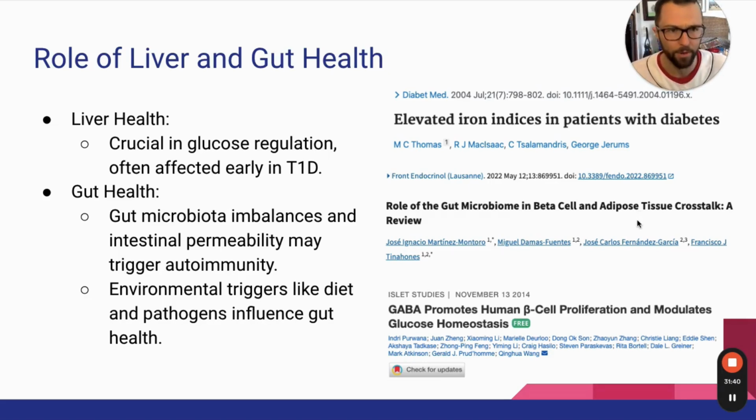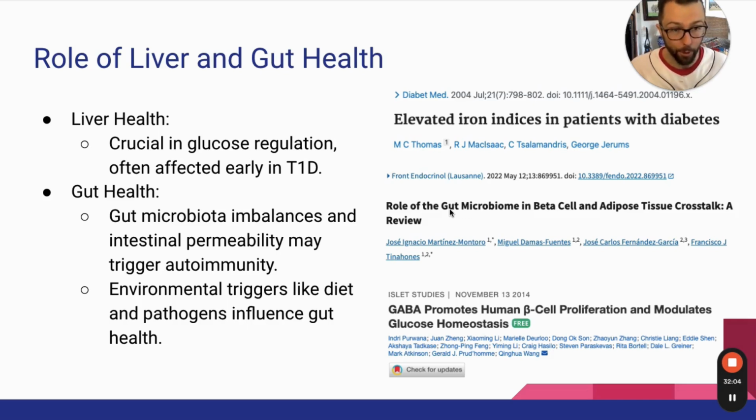And then gut health is in every conversation around health these days, especially in the autoimmune community, but it does have very specific ties to type 1 as well. You can see that second title, role of gut microbiome in beta cell and adipose tissue crosstalk. And the last one, GABA promotes human beta cell proliferation and modulates glucose homeostasis.